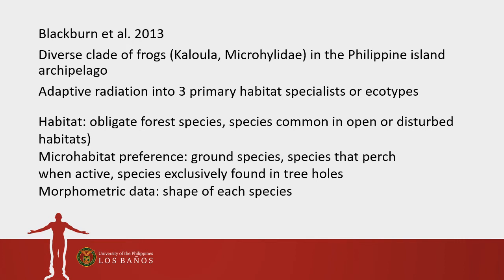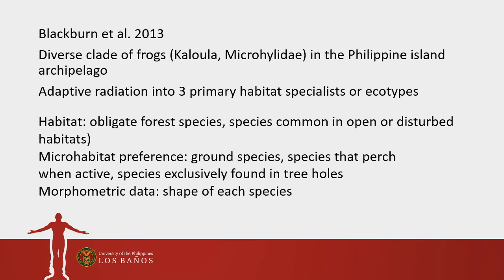In the study of Blackburn et al. in 2013, they found a diverse clade of frogs, the Kaloula genus of Microhylidae, in the Philippine island archipelago, and that the adaptive radiation was found in 3 primary habitat specialists or ecotypes. So in terms of habitat, there were the obligate forest species and then species common in open or disturbed habitats.